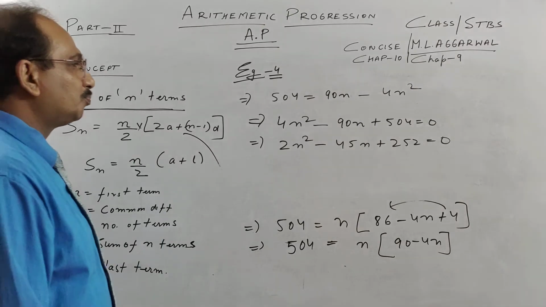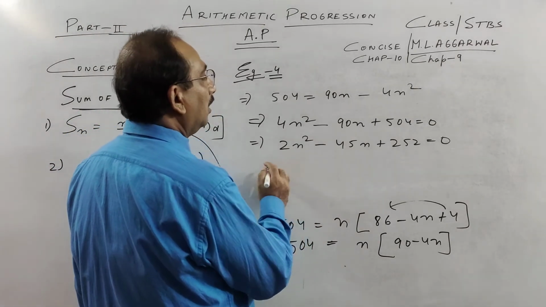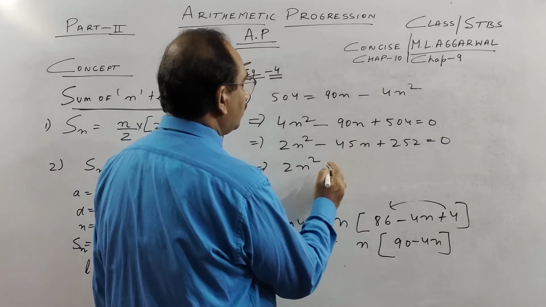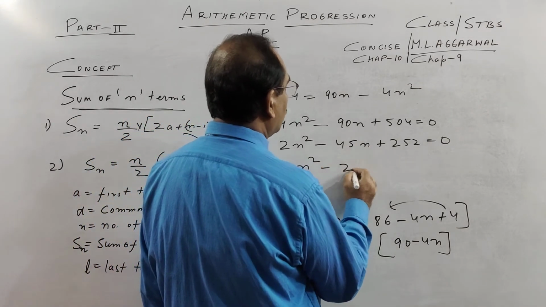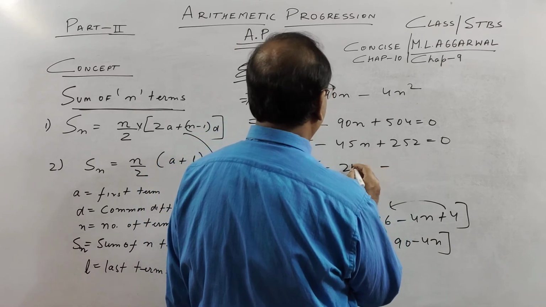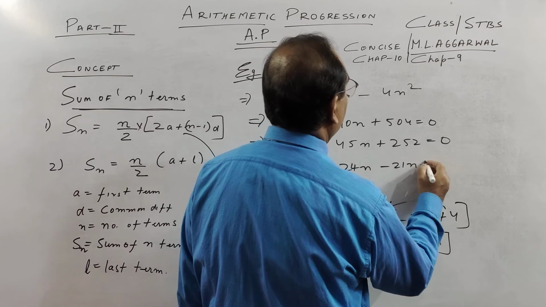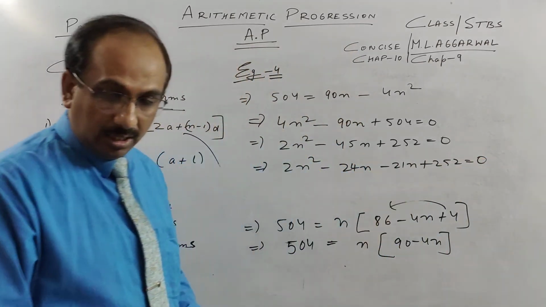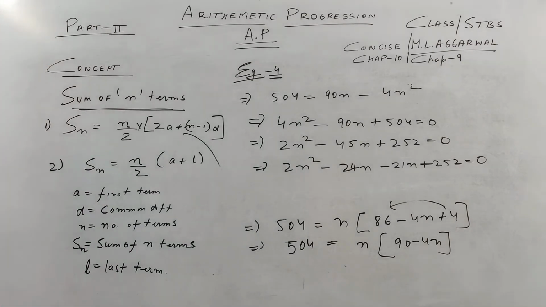Okay, so here we have to do middle term breaking, children. So 2n square, if you factorize, you will get minus 21 and minus 24. How to break this, children? I have done this in middle term breaking.